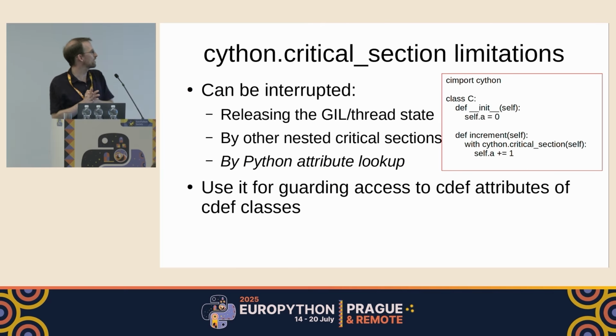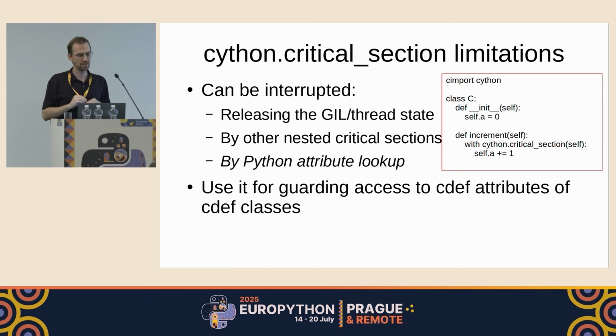Unlike PyMutex, critical section can be interrupted, and this is the difference: a critical section won't deadlock, but it can be interrupted by other nested critical sections. So you can nest them how you like, which you can't do with mutexes. But a whole critical section doesn't guarantee to be run in one go, and that's both a strength and a weakness.